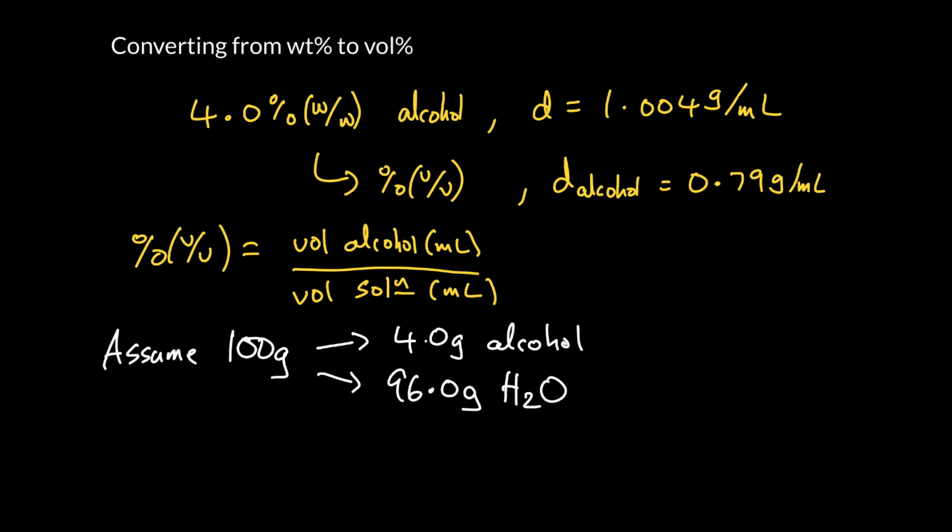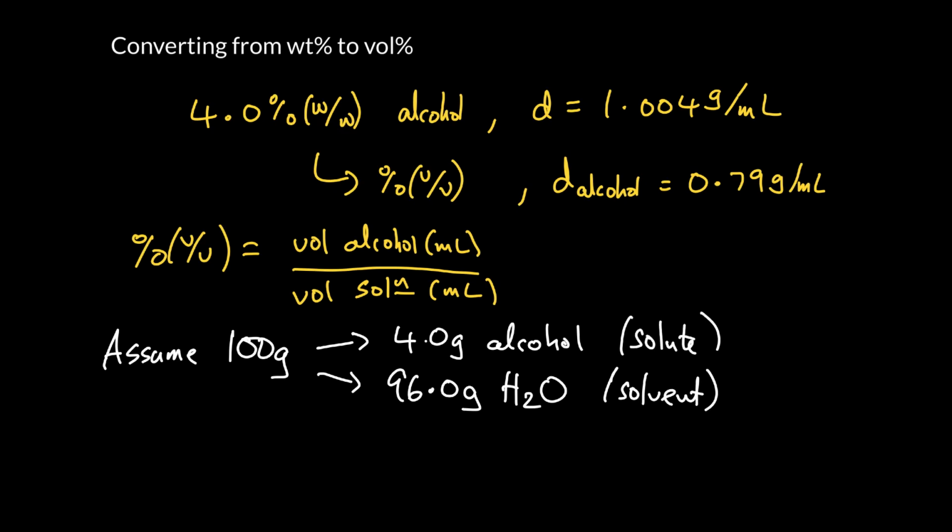You've got to be aware of this for these kinds of calculations. You're often told in the problem the percent of the solute, and from subtraction away from 100, you can find the remaining amount of solvent. So I've got 96 grams of water, which is my solvent, and 4 grams of alcohol, which is my solute.